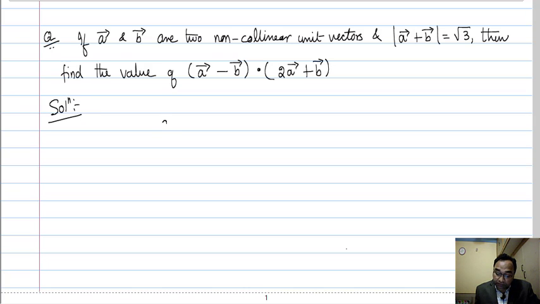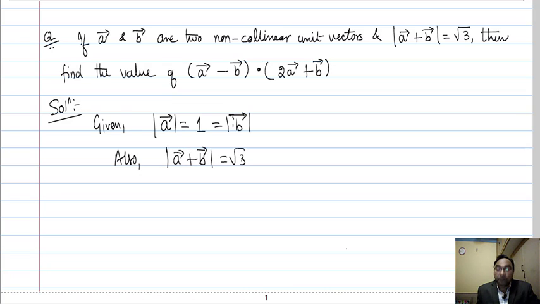It says the magnitude of A is 1, and the same for B, because both of them are unit vectors. Also, it is given that the magnitude of A plus B is root 3.